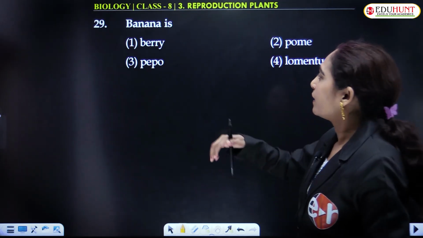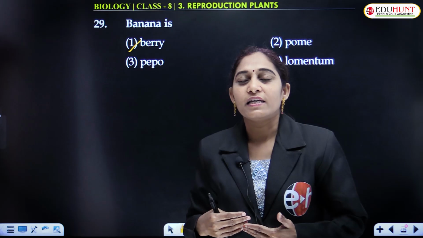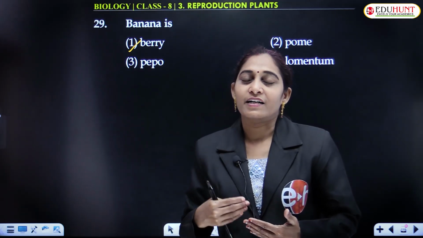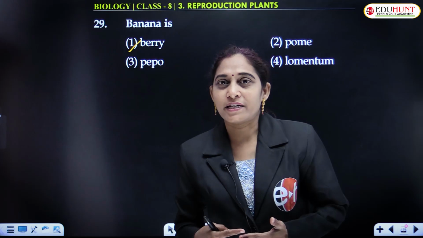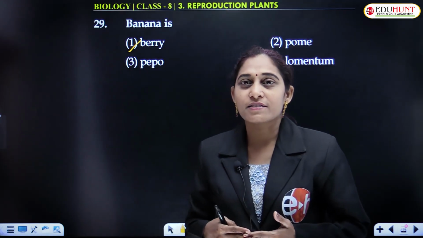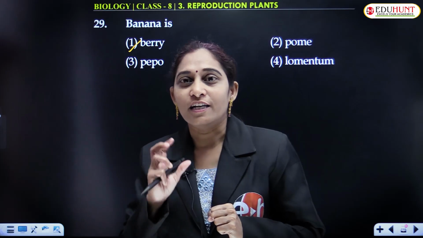Banana is a berry. There are different types of fruits like berry, drupe, pepo, hesperidium. Hesperidium is seen in citrus, orange, lemon.